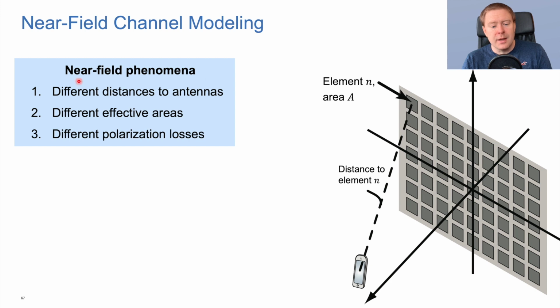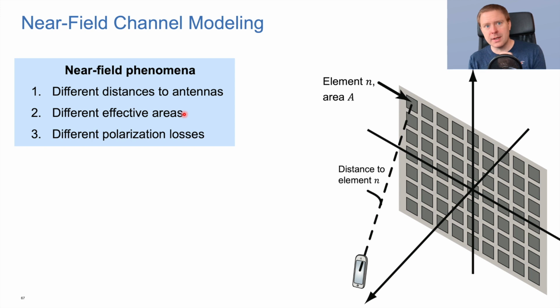And this is then affecting the path loss to the different elements. Usually, we can neglect the path loss differences and only care about phase differences between the elements, but not in the near field when we are really close. And even if each element has the same physical area, when we are viewing them from different distances, from different angles, they will look like they have different effective areas.